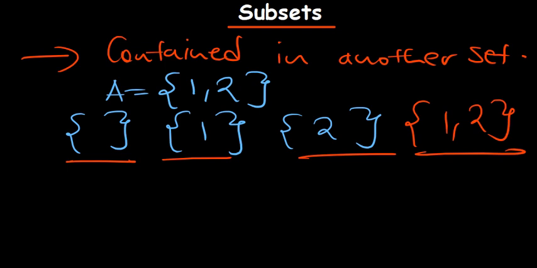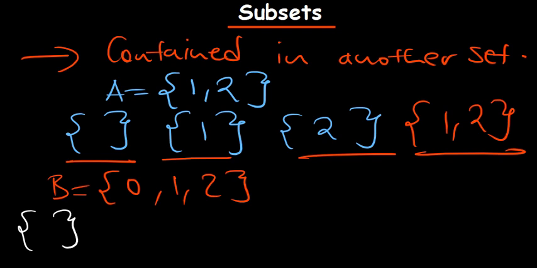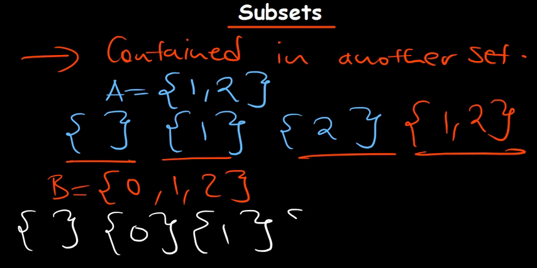What if we said we had set B containing 0, 1, and 2? What are the possible subsets? An empty set itself is a subset, containing 0, containing 1, containing 2. You can also have a case where you begin combining. You can have 0 and 1.